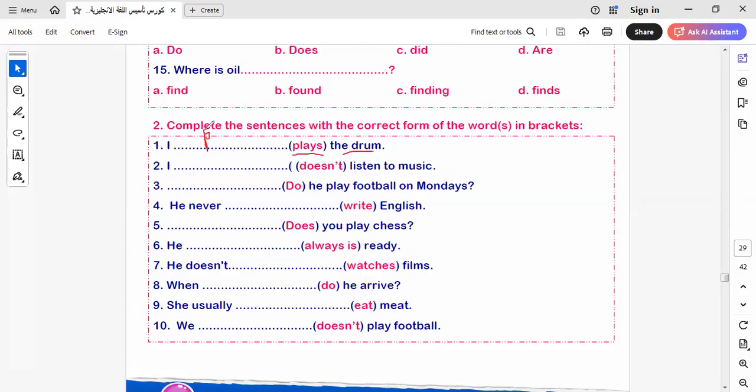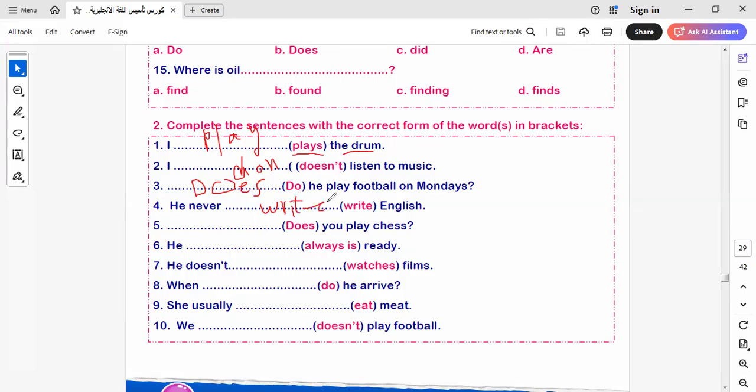So I omit the S and put the verb in the stem form, because play doesn't take S. Here it will be I don't. Here I ask with does, so it will be does. Does he play? He never writes.